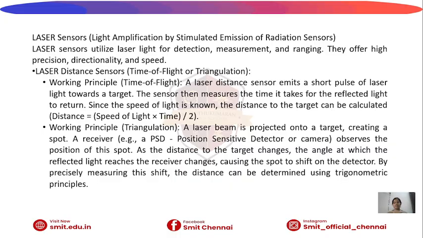The angle at which the reflected light reaches the receiver changes, causing the spot to shift in the detector. So by precisely measuring the shift, the distance can be determined using trigonometric principles, right. So these are laser sensors, which are used for distance measurement, okay. An application of this is measuring the distance from the earth to a flight, so we can measure the distance using the laser sensor.